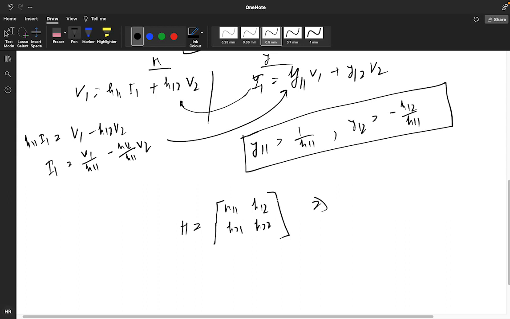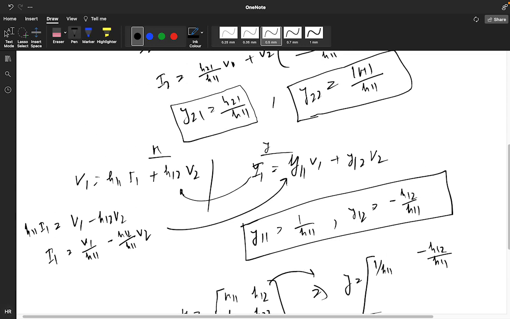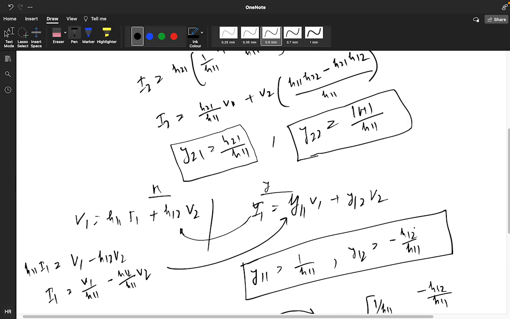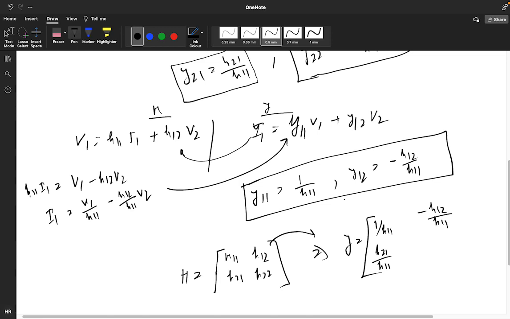If you want to convert this H parameter into Y parameter, what will the result be? Y11 is equal to 1 by H11, Y12 is equal to minus H12 upon H11, and Y21 — anyone tell me the value of Y21? H21 by H11. And Y22 is the determinant of H by H11. So this can be converted like this.